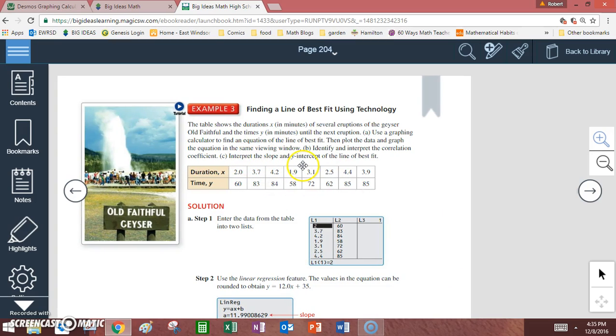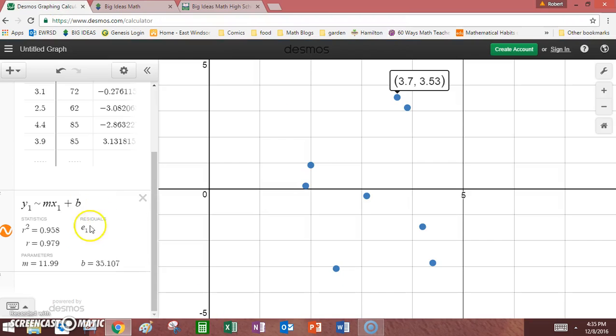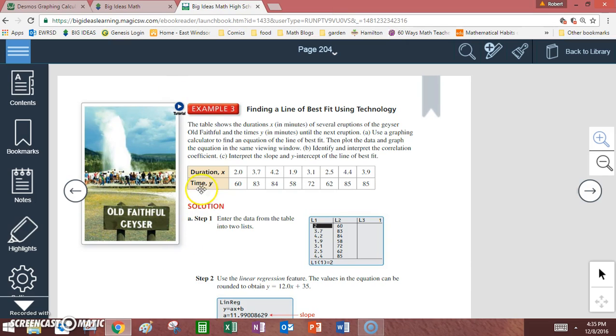The slope would be telling us what the duration is based on how long you wait. So on average, the duration is going to be about 12. Our y-intercept of 35 tells us that the time is usually about 35 minutes until the next eruption.